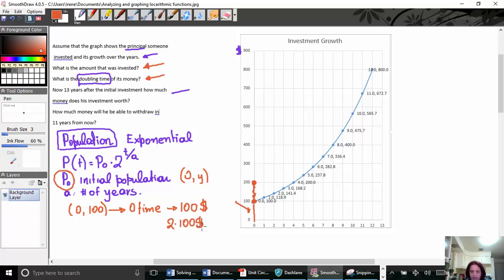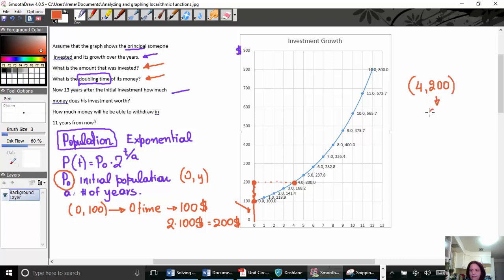So we want to find out how long it took for the investment to reach 200. And as you can see right here, the curve is at the point (4, 200). So the point that identifies the doubling time is (4, 200).